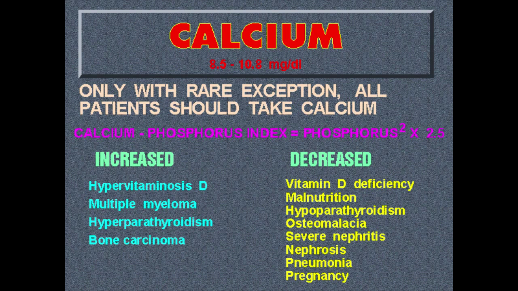Of course, a person who is malnourished will be calcium deficient. Often, calcium is lost as a result of a disease process like osteomalacia, diarrhea, hypoparathyroidism, in kidney disease such as nephritis and nephrosis, and in pneumonia. Although not a disease, calcium is also lost in pregnancy.